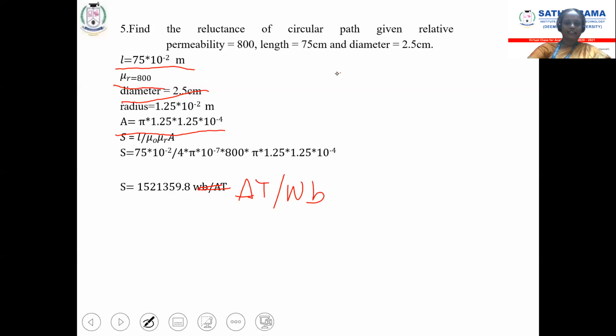Are you getting the answers? Bhavana, you are getting some other answer. Rashmita also. Check it. Area you are calculating separately. Okay, check it, and this will be the answer.